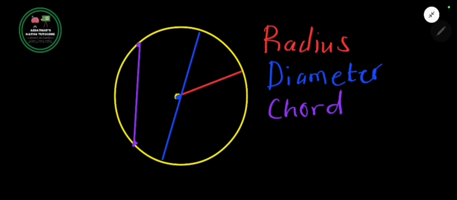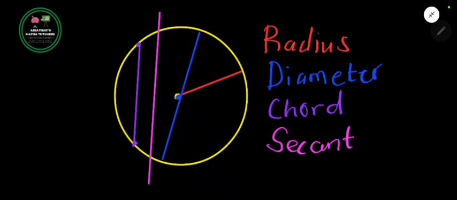A secant is a line passing through points on the circle. It's not the same as the chord. The chord ends at the circumference. Now the secant crosses the circumference. So we call that a secant.